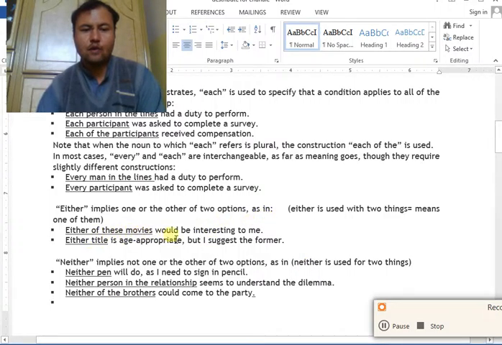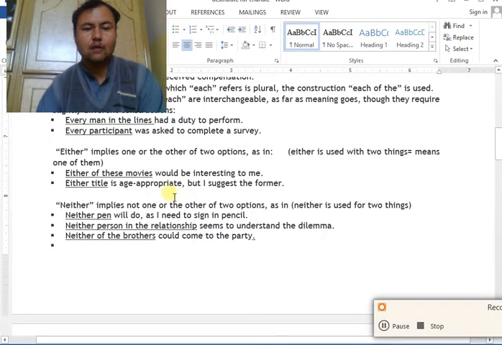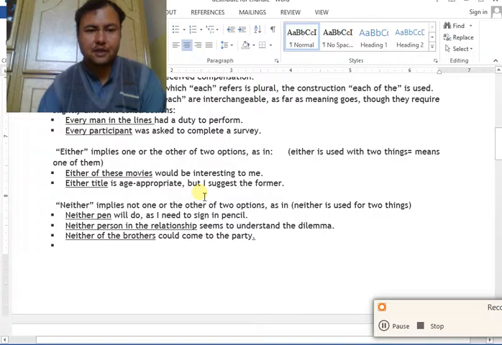Either of these movies would be interesting to me. Either means one of them, either this one or that one. Either you or I should go to the party, means either I should go or you should go.